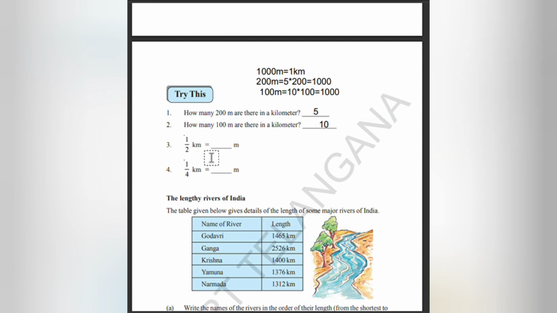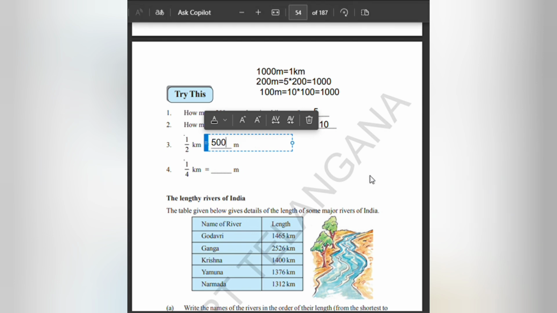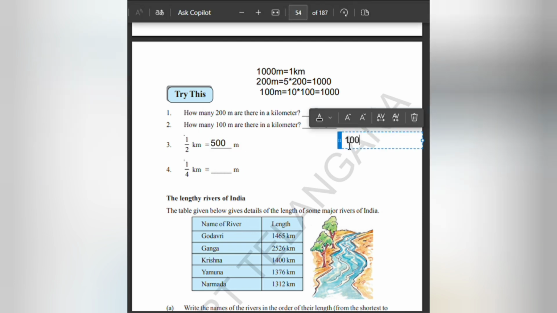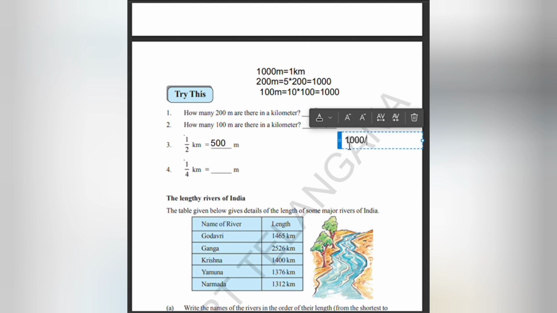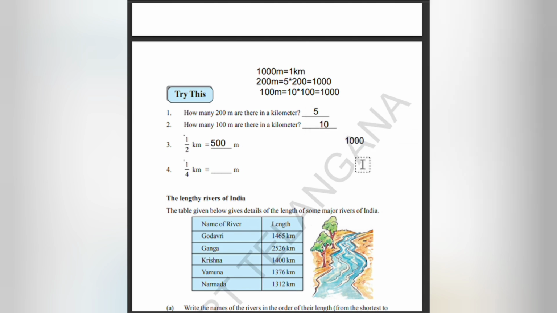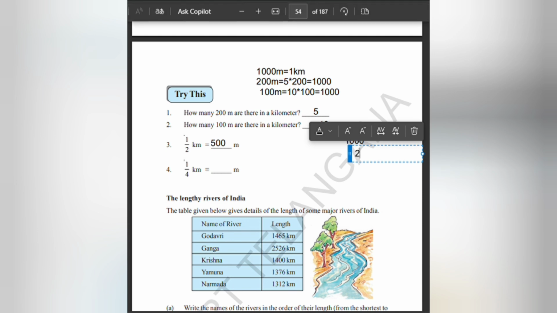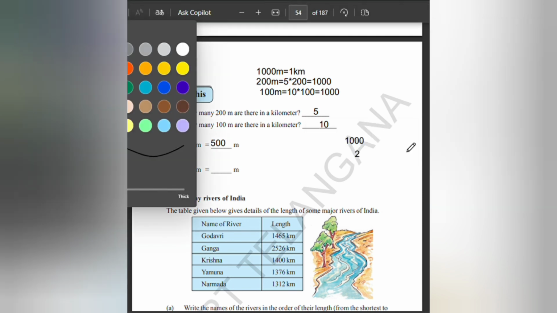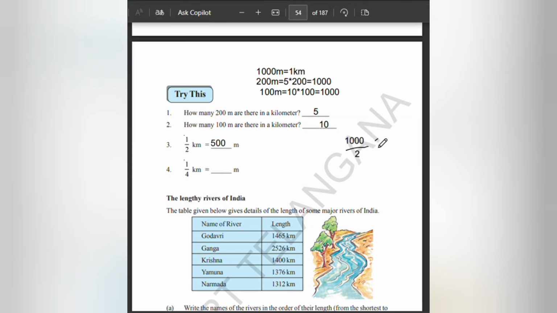Half kilometer is equal to, half kilometer means what? 500 meters. How did we get that? 1000 divided by 2, that we got, how much we got?